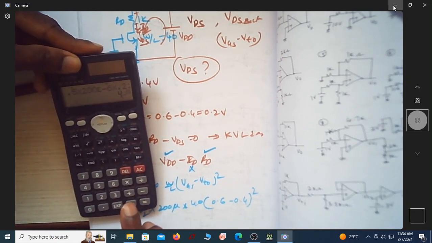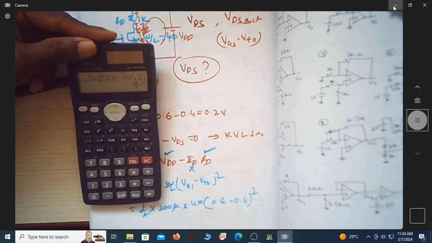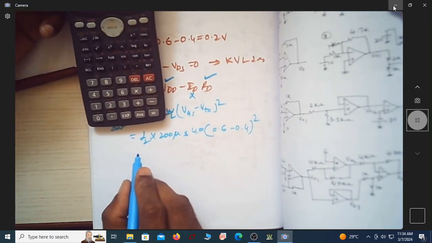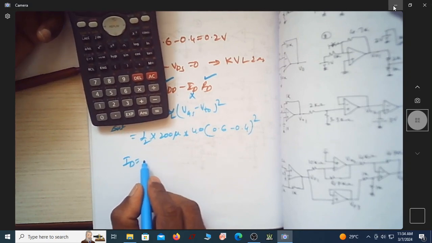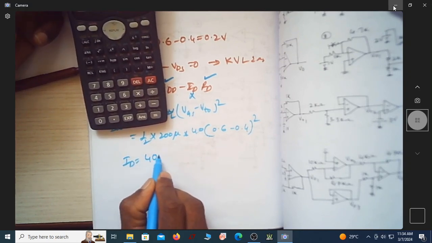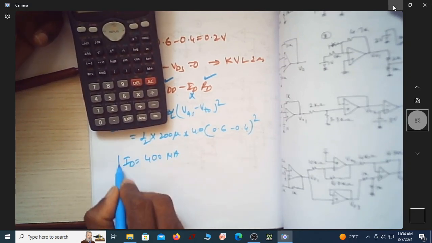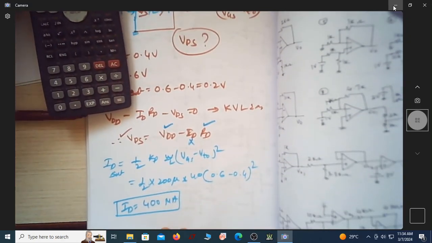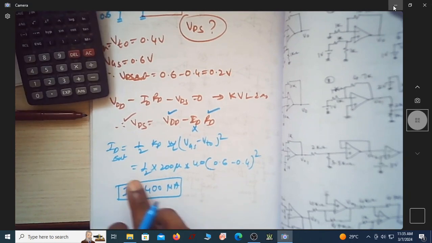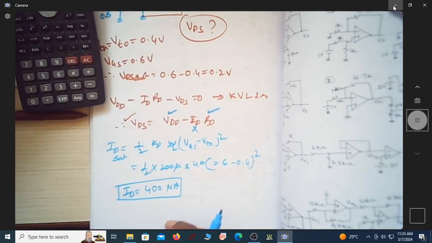So how much is the value now? ID is equal to 400 microampere. This is the current that could flow in the MOSFET.